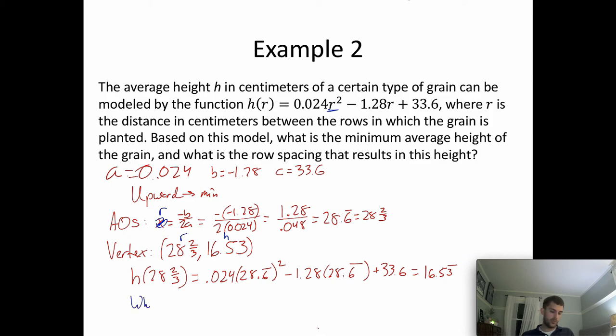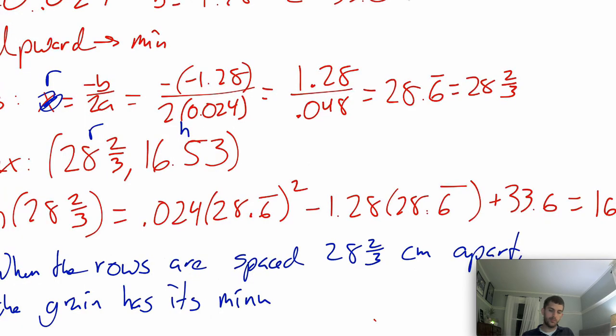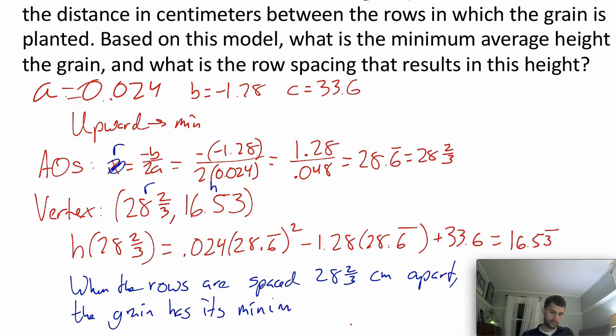So we can say when the rows are spaced 28 and 2/3 centimeters apart, the grain has its minimum height of 16.53 centimeters.